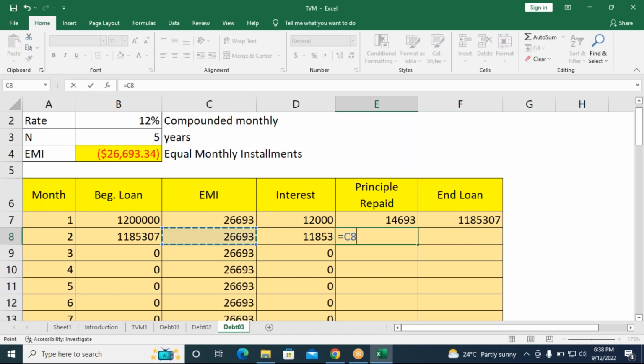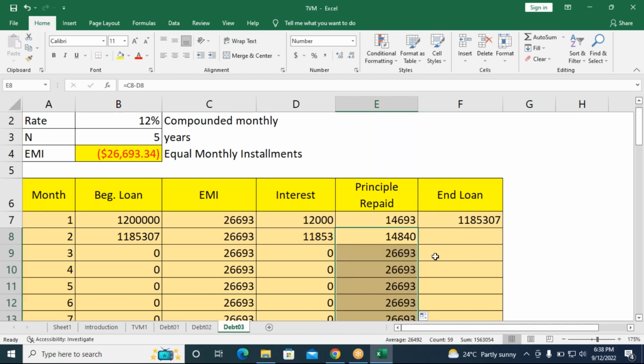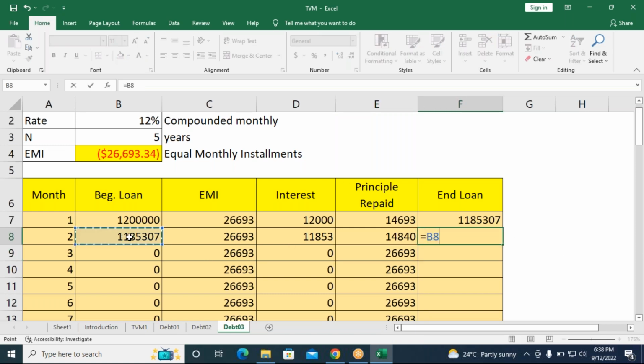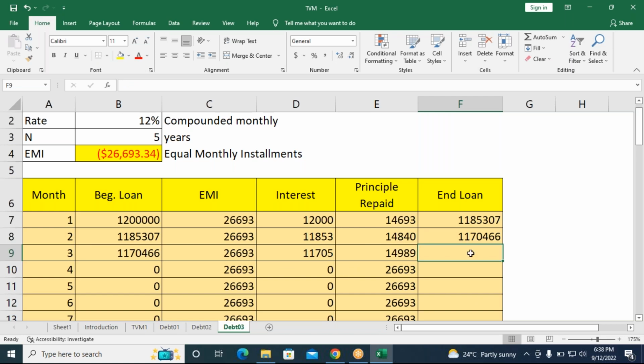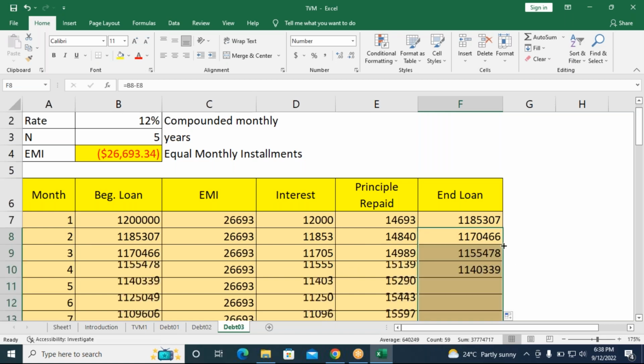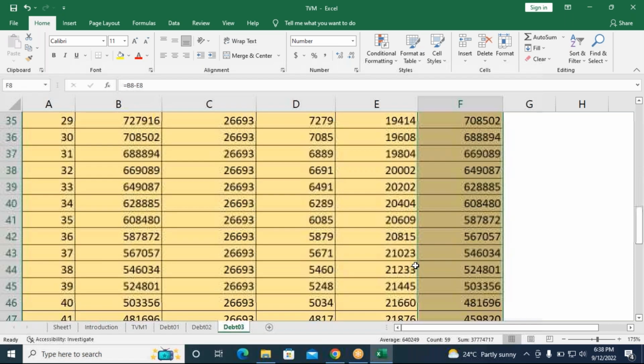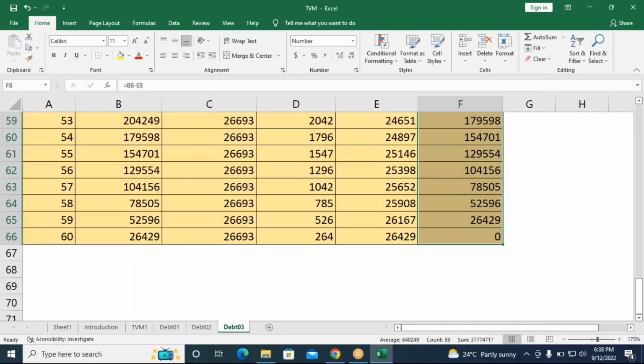It is EMI minus interest. Okay, so here also I'm going to just double click it. Okay, now I need to see what is the end loan. That will be this one minus this value. Done. I'll just come here, double click. So by the end, the value should be 0.